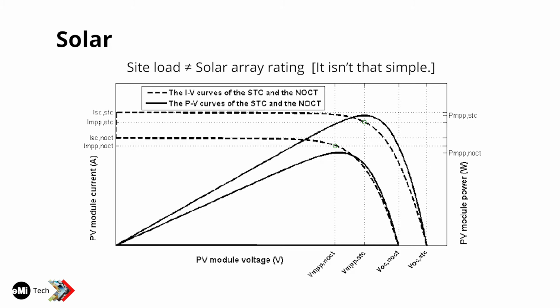That's completely wrong. So don't think that way when you're trying to design these systems. They don't actually necessarily produce even what's on the back of the module, and what you're really looking for is the total average usage of the site versus the average production of the solar. And so it's not as simple as it might seem.